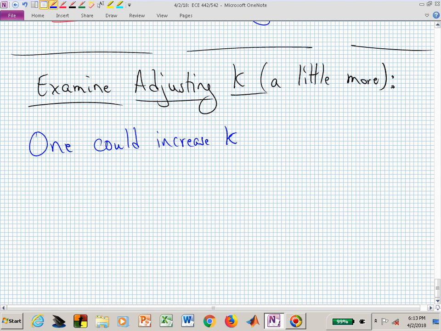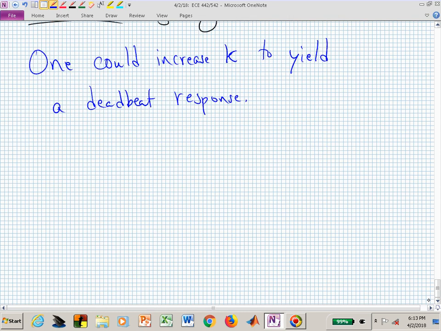We could increase K to yield a deadbeat response, and you now know how to do that. There's our controlled closed-loop characteristic polynomial. If we want a deadbeat response, what would we set that equal to? We would set K equal to 2, wouldn't we?